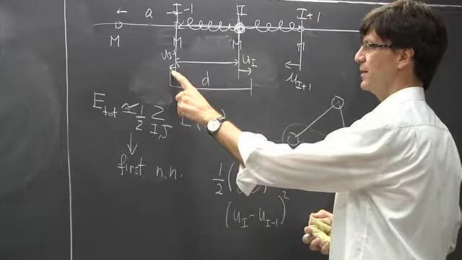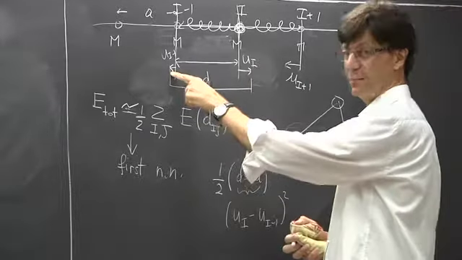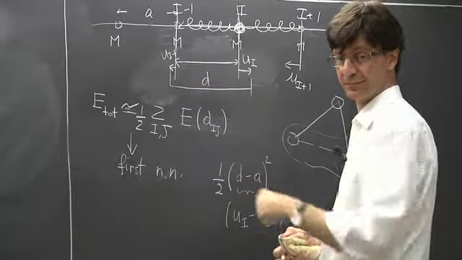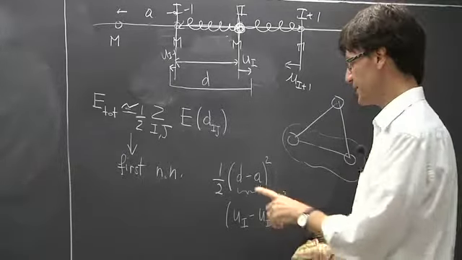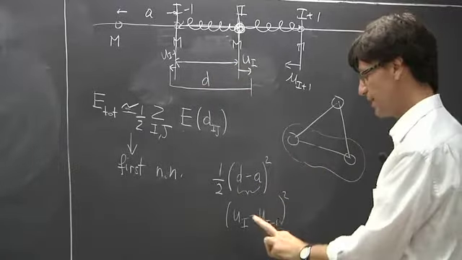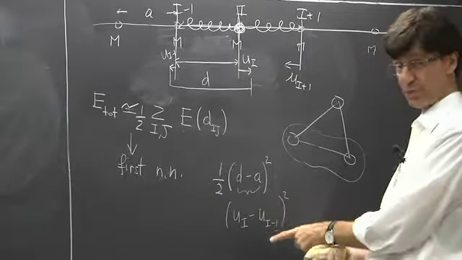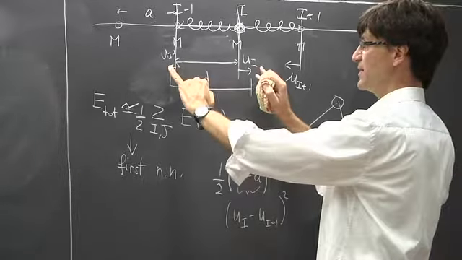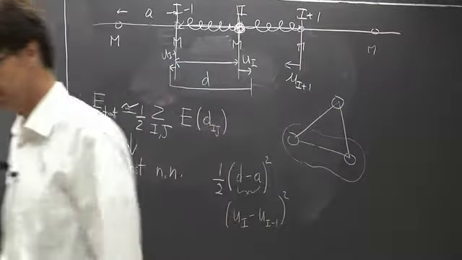Now, this is u_i positive minus u_{i-1}. Okay? So the sign is irrelevant because I'm taking the square. The important thing is the relative sign between u_i and u_{i-1}. They must be opposite, because if they go in opposite directions, their contribution sums up.